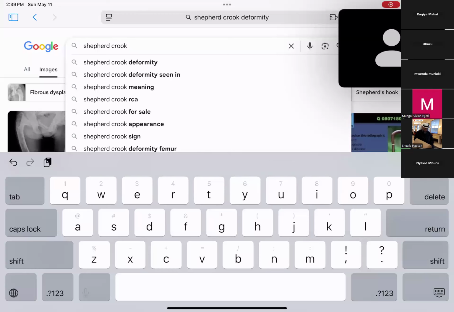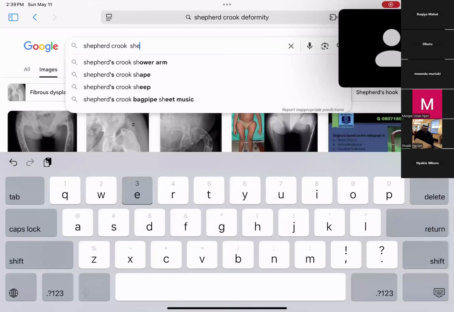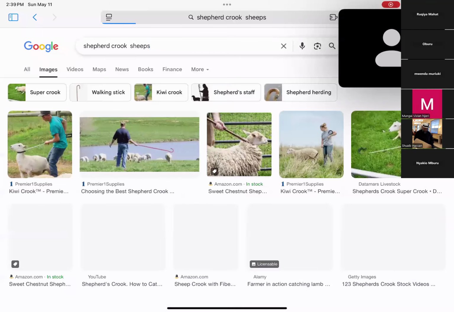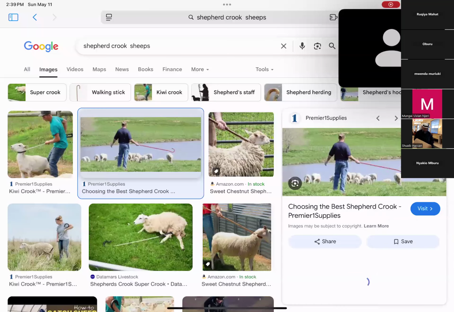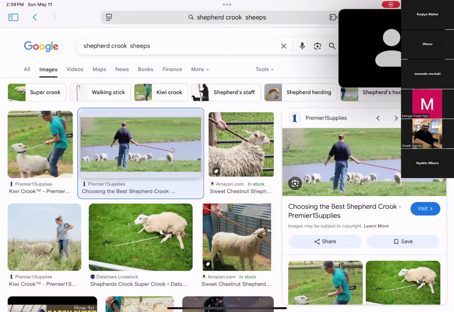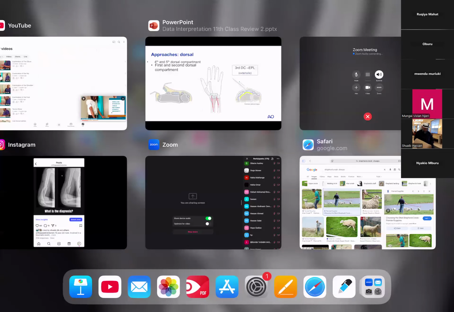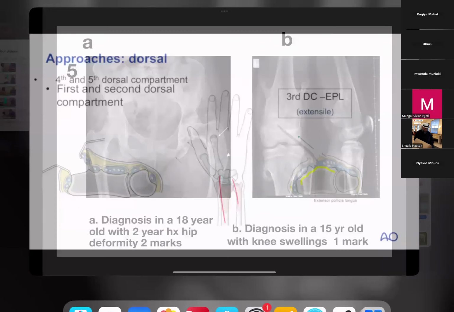And you can see that, that's a shepherd's crook. So a shepherd's crook deformity is what we have over here.